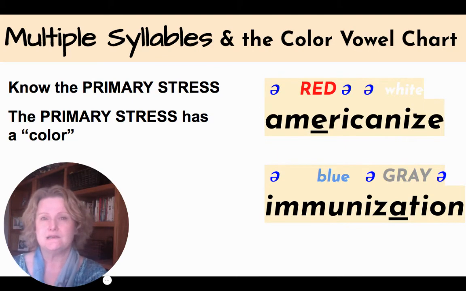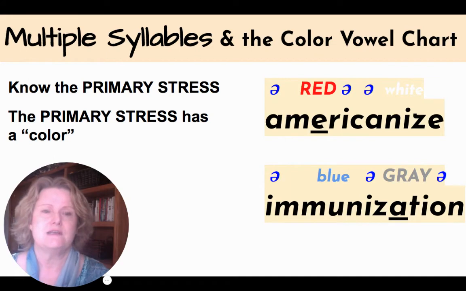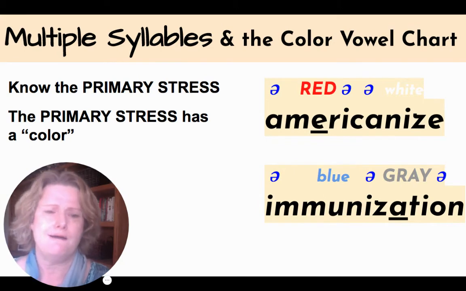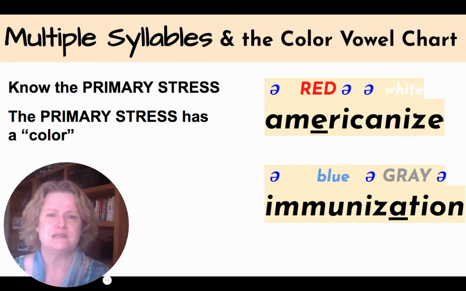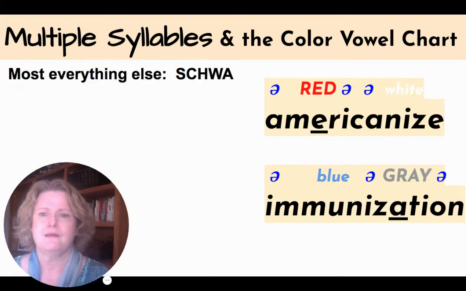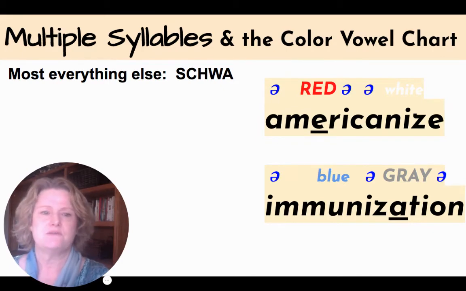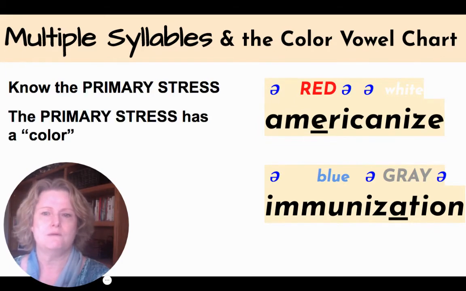Mu has a little bit of a secondary stress and also has a color blue. Everything else is schwa, immunization. So if you have a long word, you need to know which vowel sound is stressed. Most everything else is schwa.